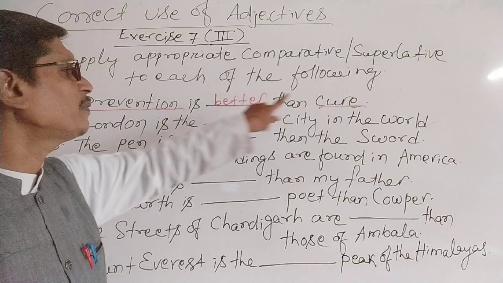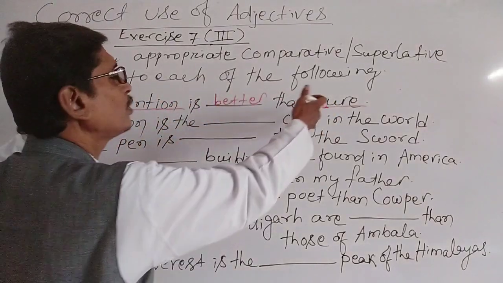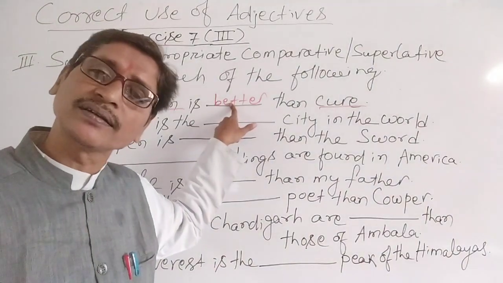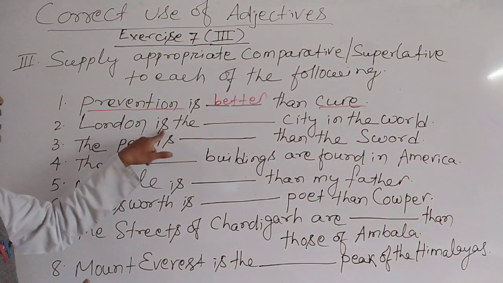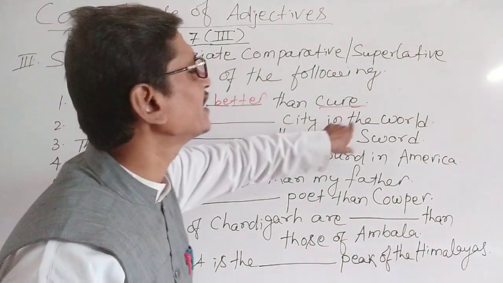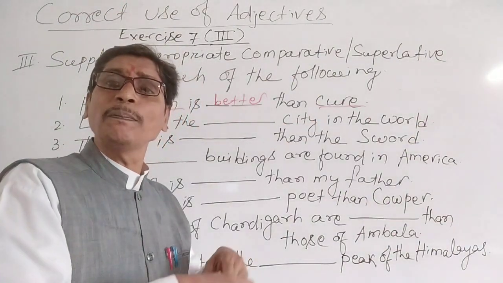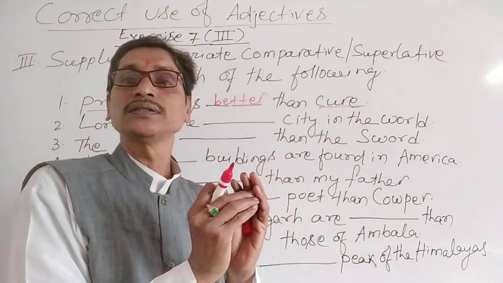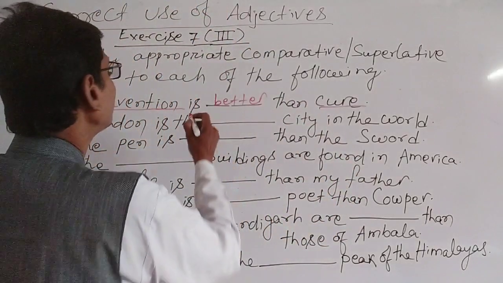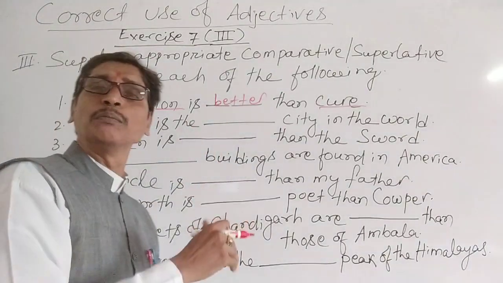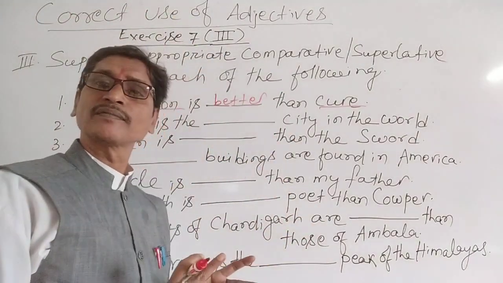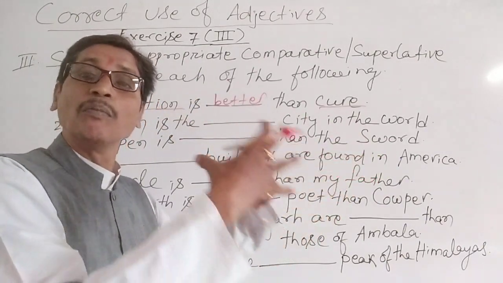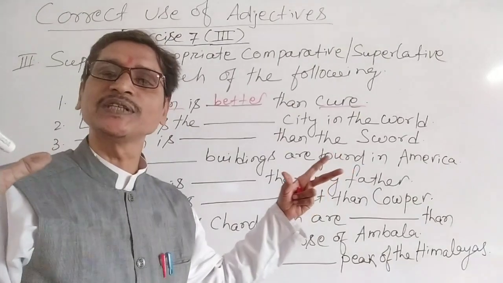Understand? So we have compared cure and prevention. We have used a comparative degree over here. Next you see, London is the best city in the world. We are comparing all the cities in the world with London. So what can you say? The richest city, the most beautiful city, the most advanced city, the largest city also we can say.